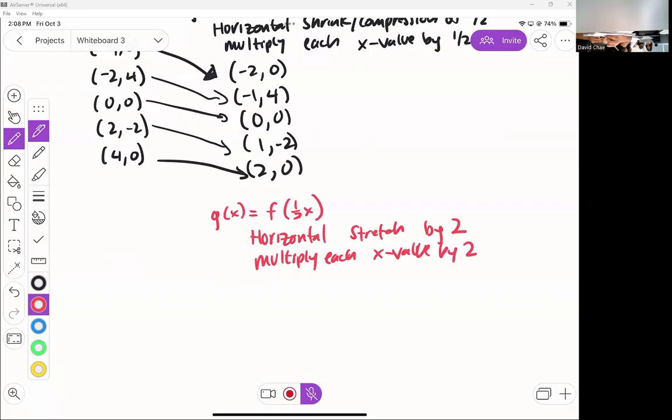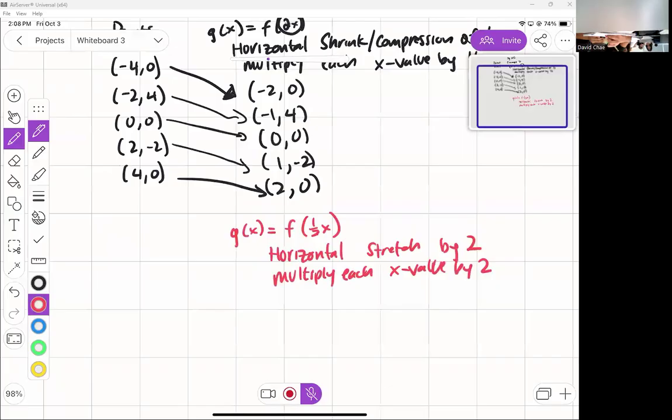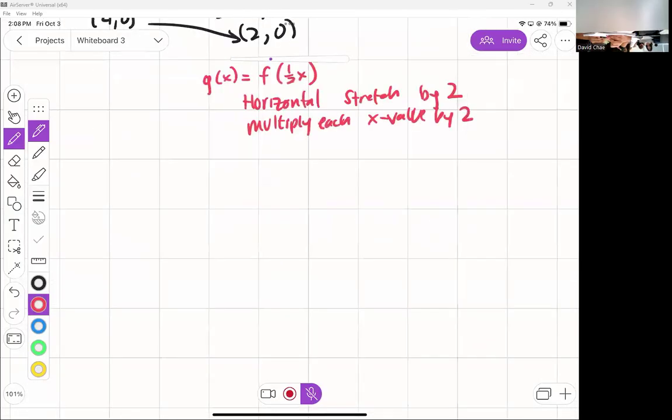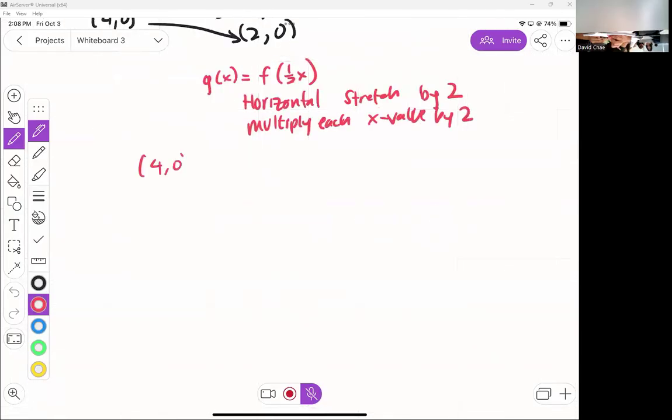You good? So if I do that, my parent function again is -4, comma 0, -2, 4, 0, 0, 2, -2, and 4, 0.